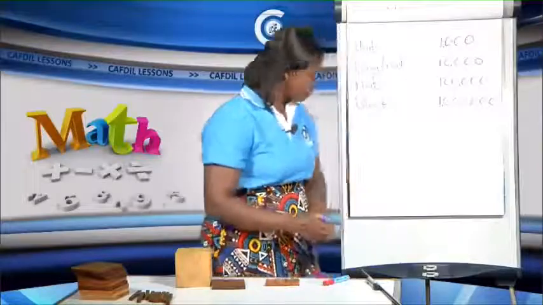So it means 10 of the units will give us a rod.